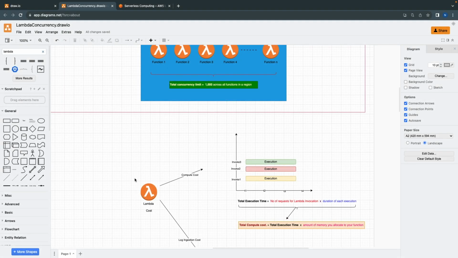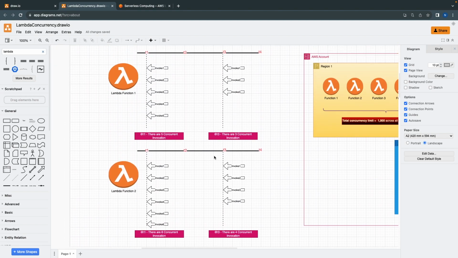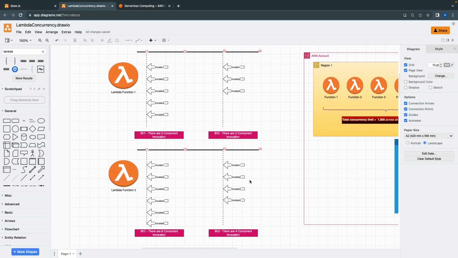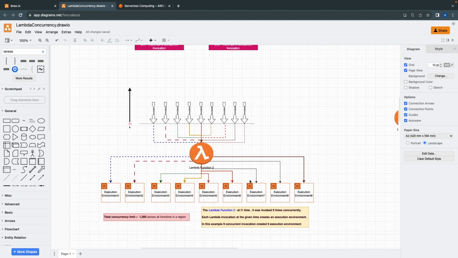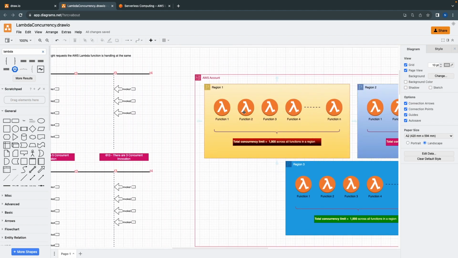So we now understand concurrent execution, we know what happens behind the scenes when Lambda is invoked concurrently and it provisions the execution environment, and we also have an understanding of the 1,000 soft concurrency limit.